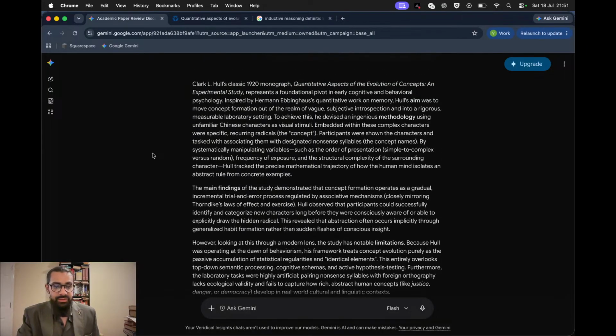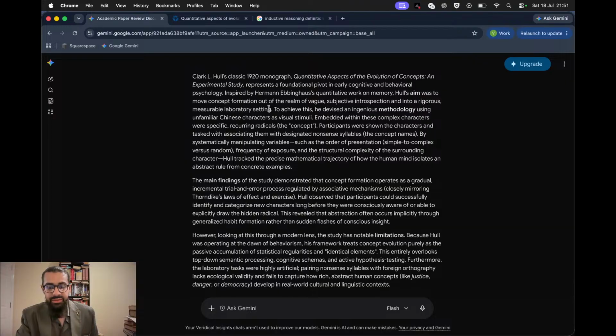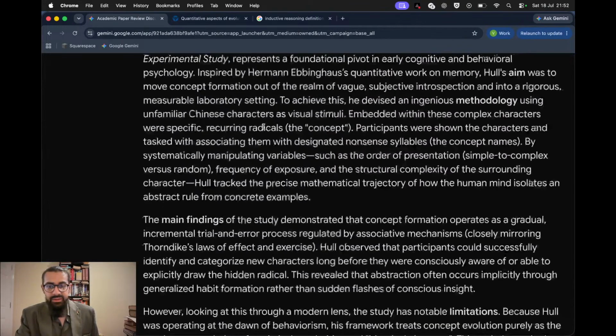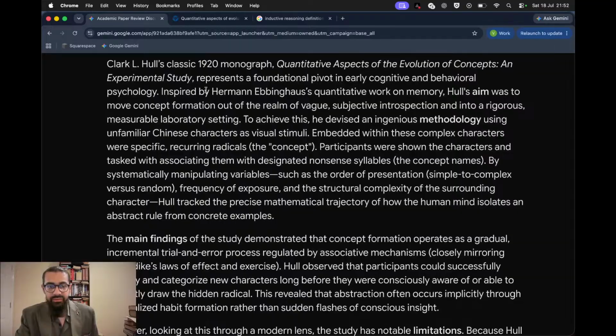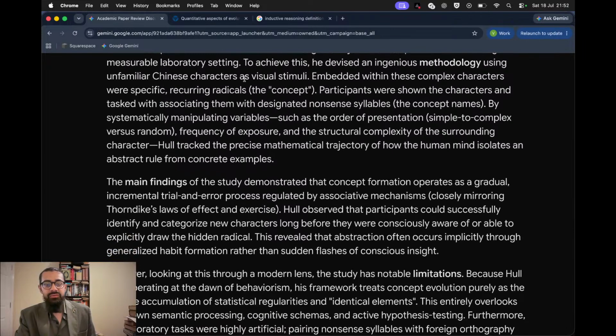Hull's classic 1920 monograph, Quantitative Aspects of the Evolution of Concepts, an experimental study, represents the foundational pivot in early cognitive and behavioral psychology, inspired by Hermann Ebbinghaus' quantitative work on memory. Hull's aim was to move concept formation out of the realm of vague, subjective introspection and into rigorous, measurable lab testing. He devised an ingenious methodology using unfamiliar Chinese characters as visual stimuli.